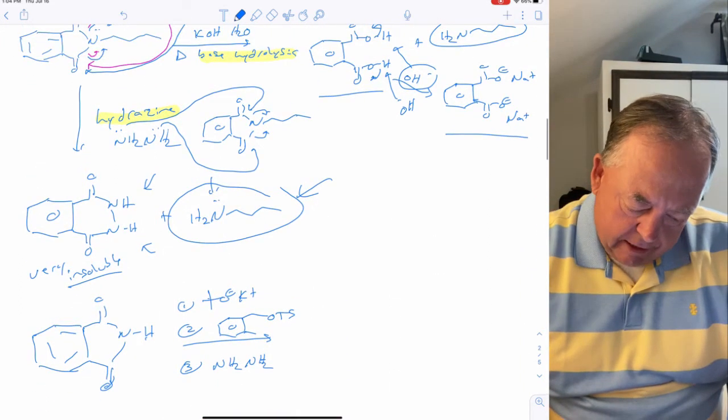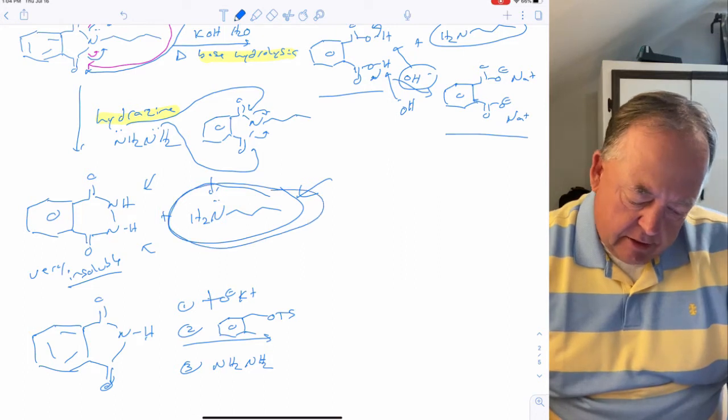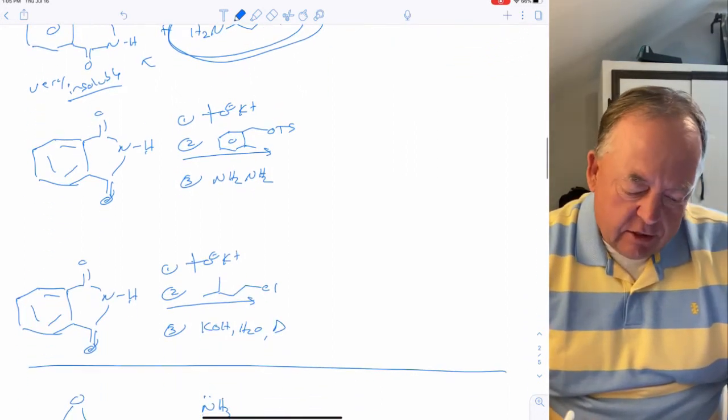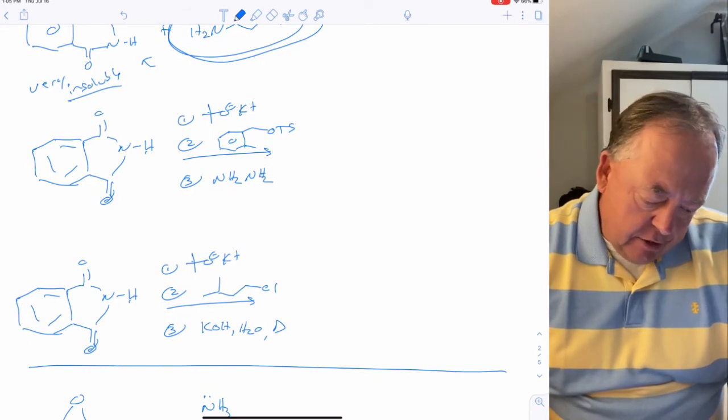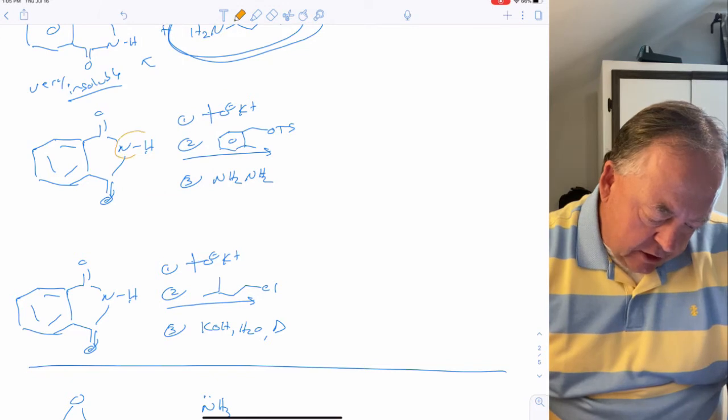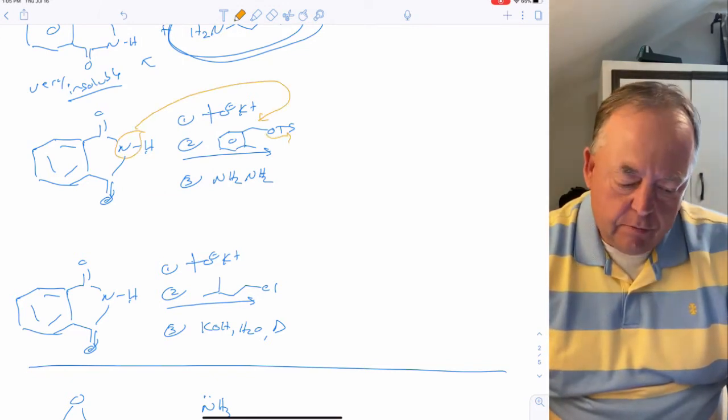Of course, we're mainly interested in the amine that comes out, so it's easy to predict the products of these reactions. You just have to recognize that nitrogen is going to end up attached here, and you're going to kick whatever the leaving group is off.